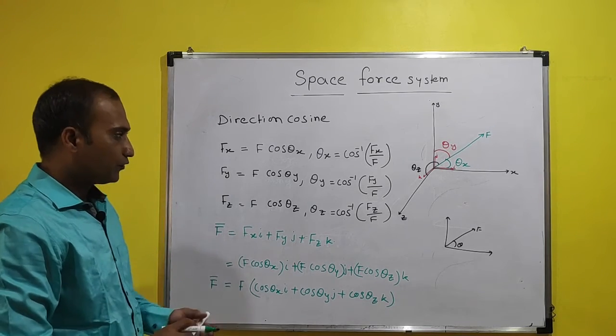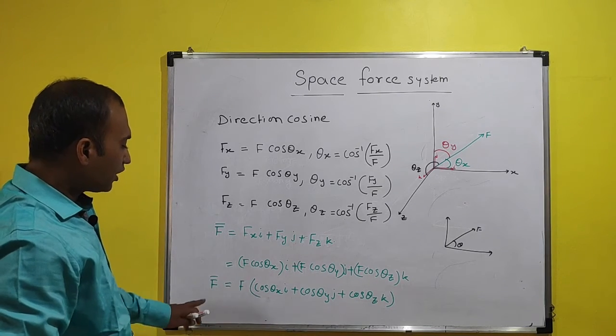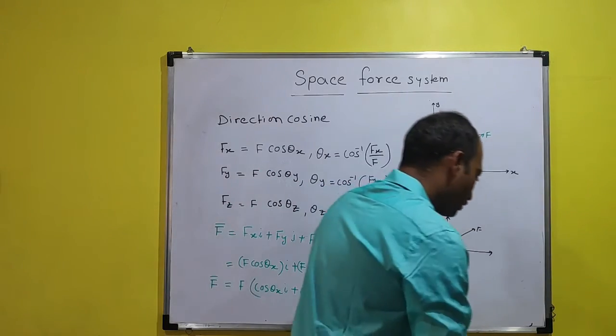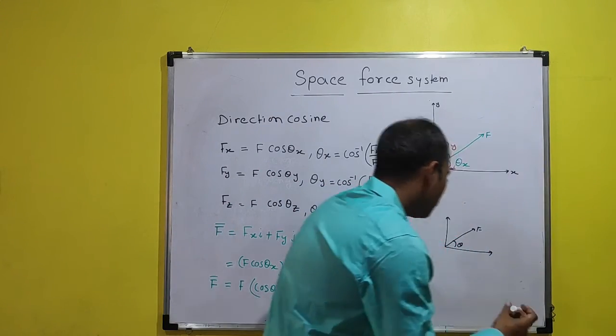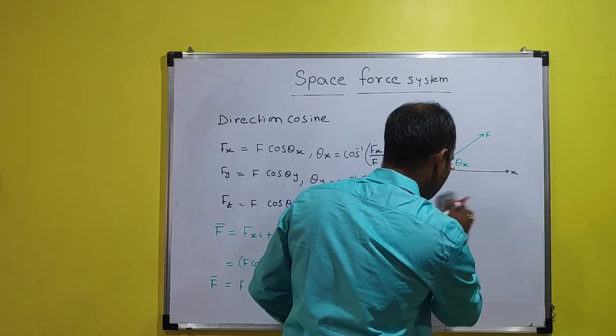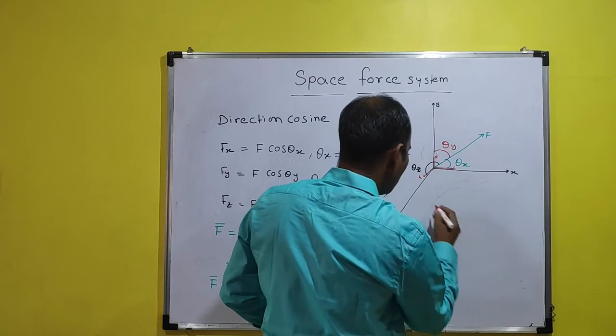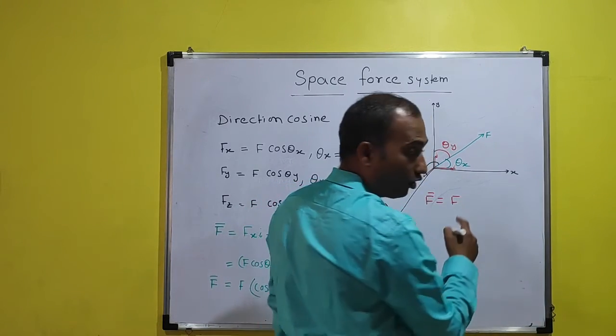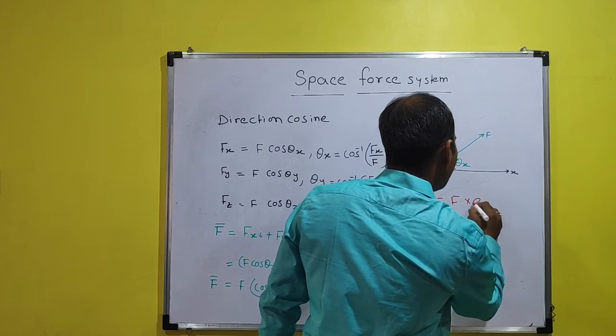Now we will compare this equation with another equation. What do we have? We have force vector equal to the magnitude of force multiplied by the unit vector.